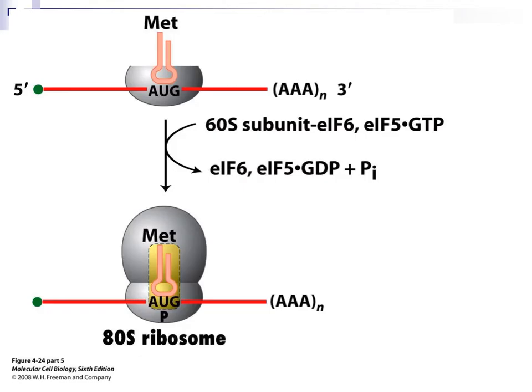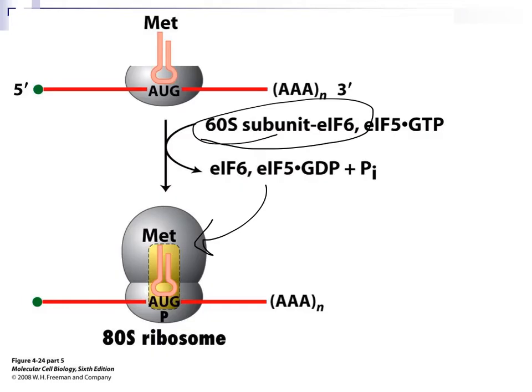Here, what we have to do to complete initiation is to join the large subunit of the ribosome to the small subunit to complete the initiation process. Okay, so here's the 60S subunit with its own initiation factor, which is number 6. It will help position the large subunit correctly with the small subunit so that the E slot matches up with the E slot correctly on the small subunit, and the P slot matches up with the P slot correctly, and so forth.